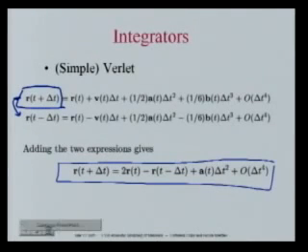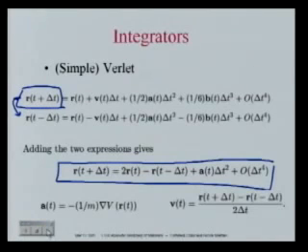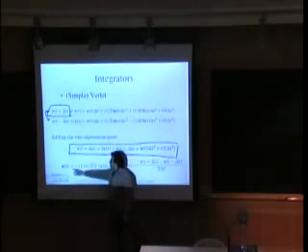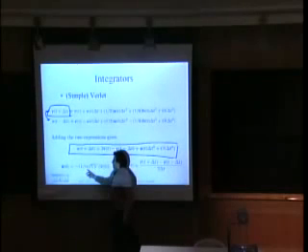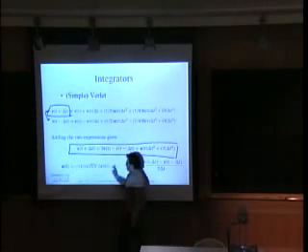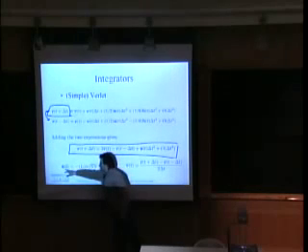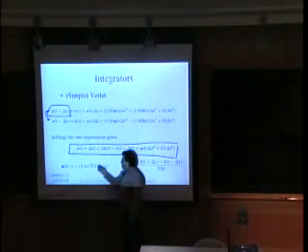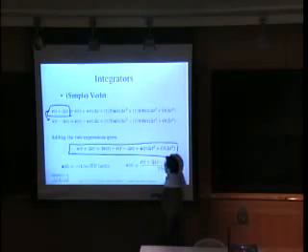Because remember that now we use Newton's equation of motion. The acceleration at a time t is just given by the force divided by the mass, and because the force is just the gradient of the potential, it is just given by this. So at a certain instant in time t, you have the acceleration acting on your particles just by taking the force and dividing by the mass.